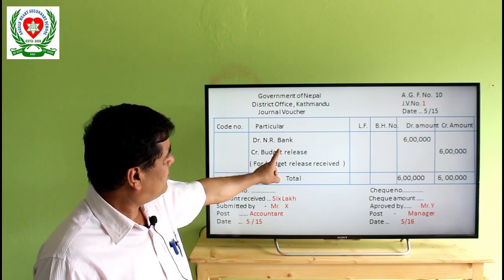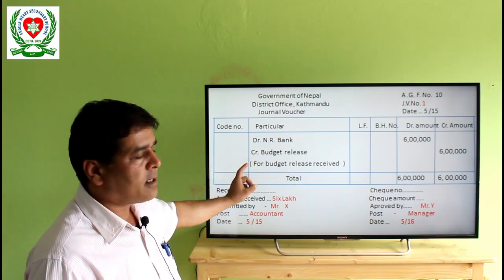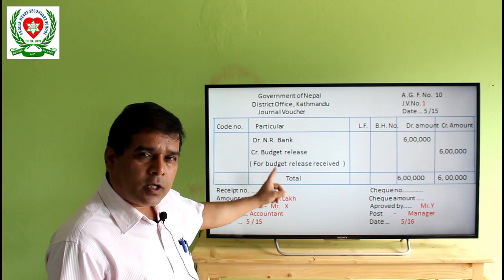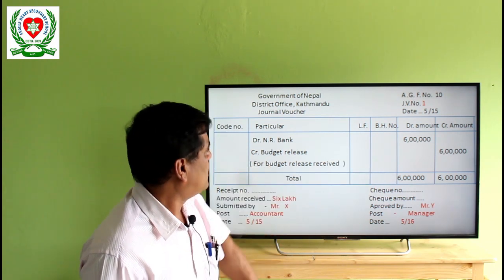There is debit bank, so in the debit column of bank account, we have to write down 6 lakh in this way.